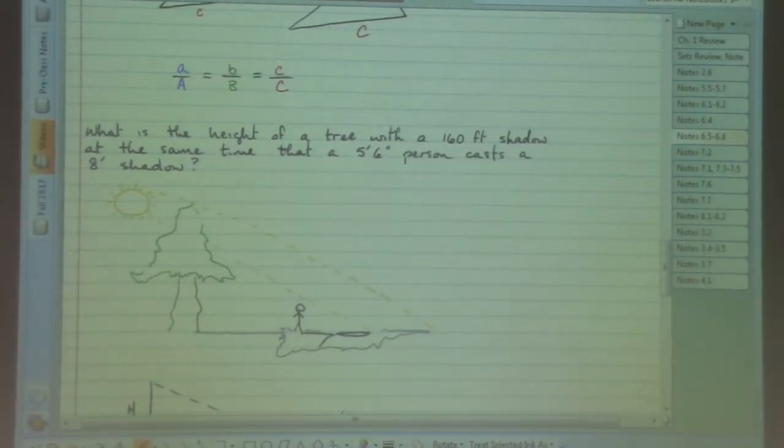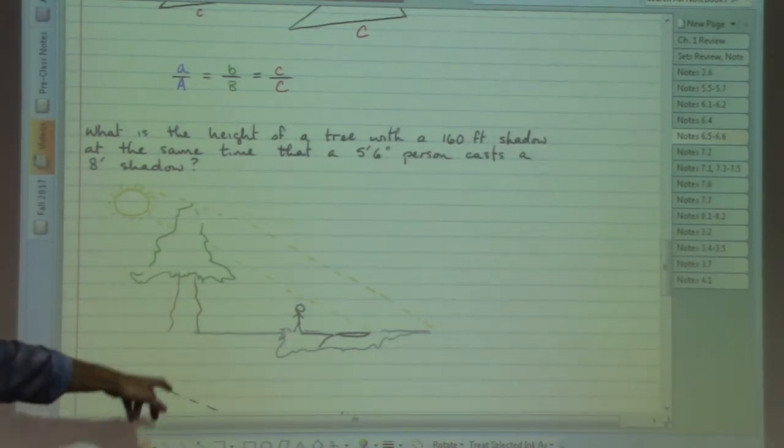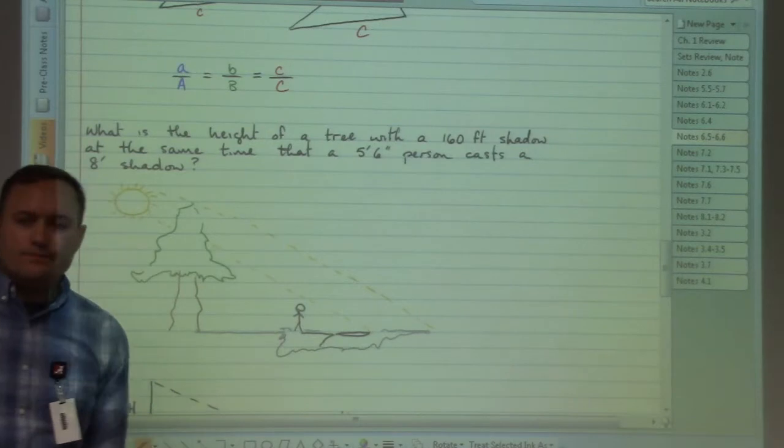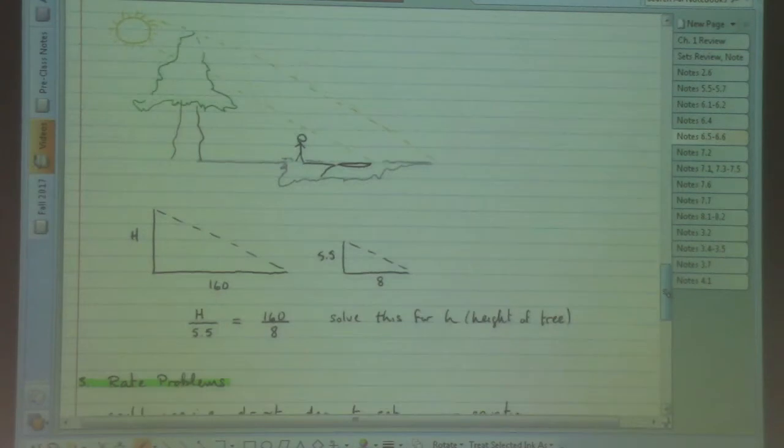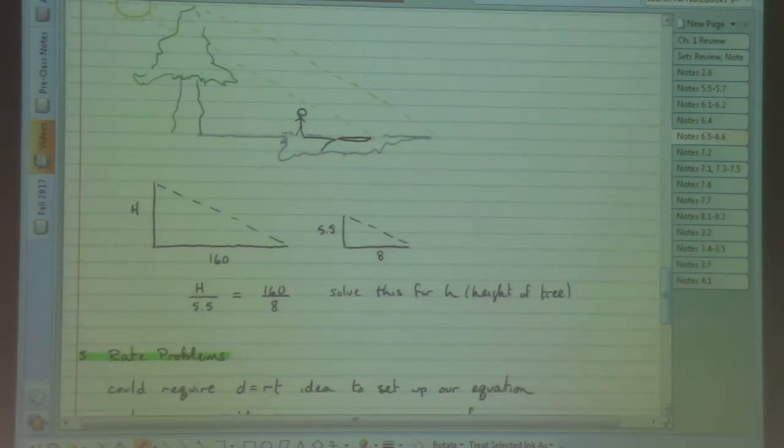Because I've created similar triangles between the height of the tree and its shadow, and the height of my wife and her shadow. And by creating those kinds of ratios, again, we would have rational expressions, and in an equation, that means we'd have rational equations, and we could work out the height of a tree.